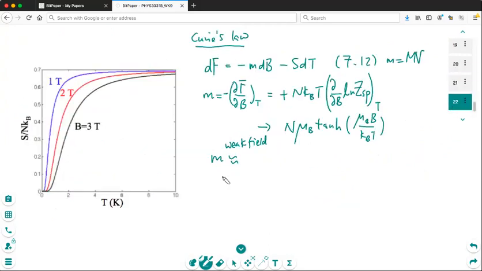So let's do that. Weak field, this is a small argument. I will have N mu_B, and then another mu_B, and I have field divided by k_B T. That is almost there. You see the inverse temperature relation, 1/T behavior.